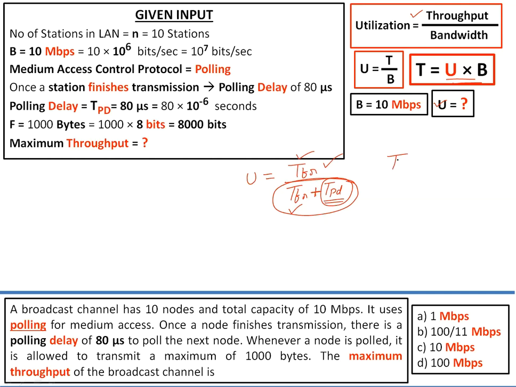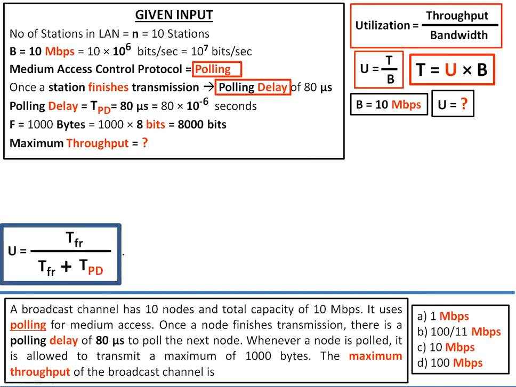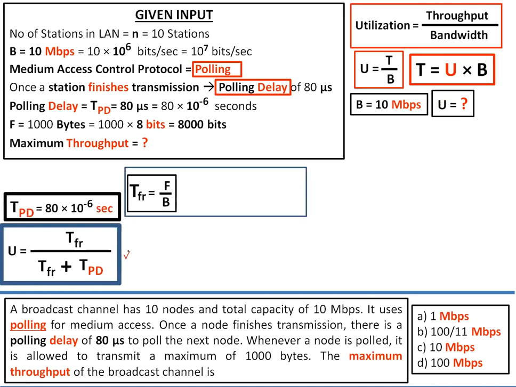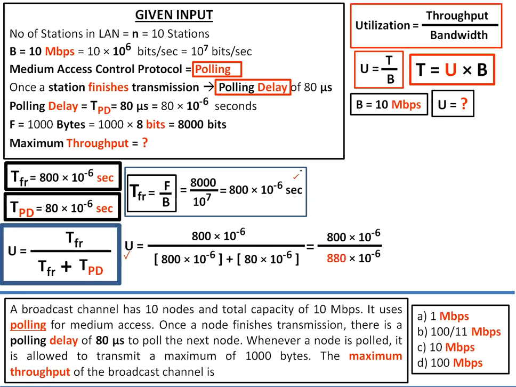That is called TFR by TFR plus TPD. So that is the utilization formula, guys. TPD is given. TFR you have to calculate. Then utilization, if you substitute, is 10 by 11.